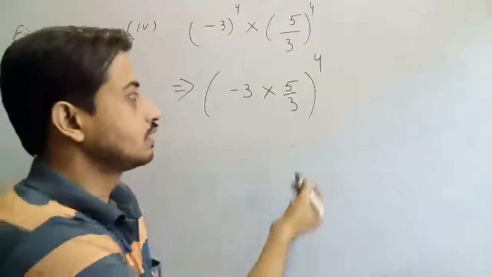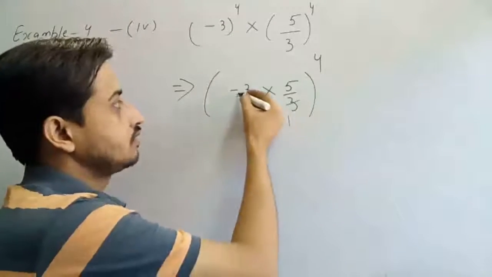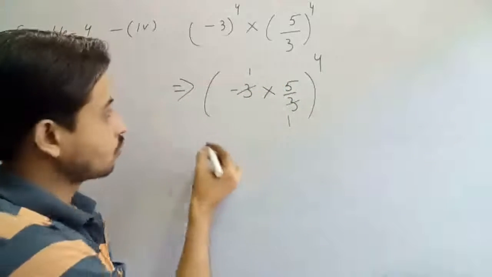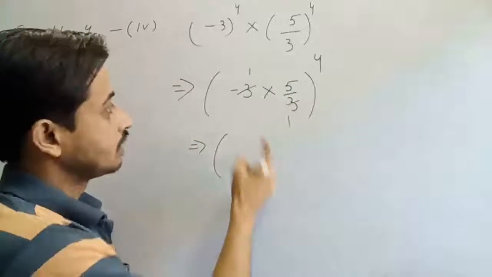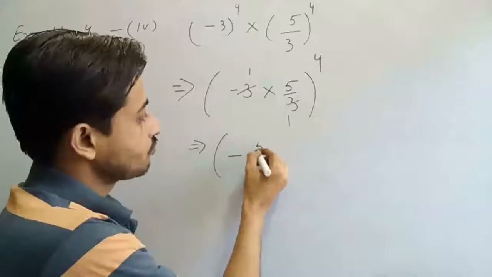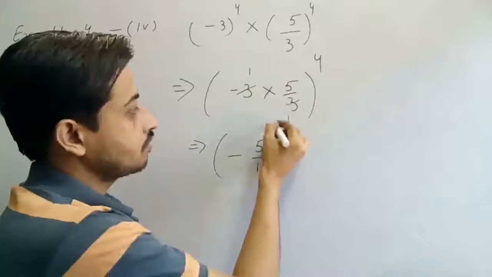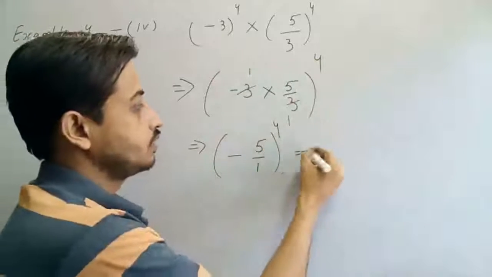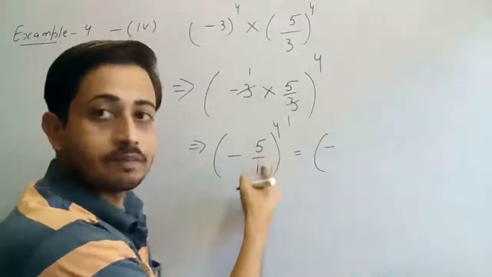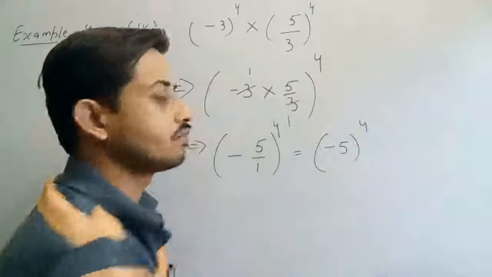Now please look, these can be cancelled out. 3 ones are 3, 3 ones are 3. So we get minus as it is, 1 into 5 is 5, and divide by 1 raised to the power 4. And you know 5 divided by 1 is 5. So we get minus 5 raised to the power 4.